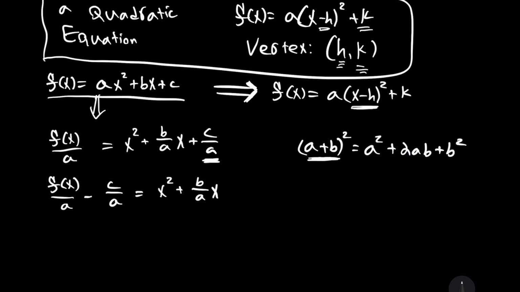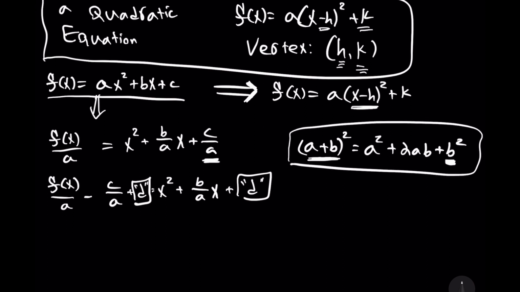So we're going to have a term in there, which I will call d, whatever that is, that completes the square. And that d is in this position of b squared in this expression here.